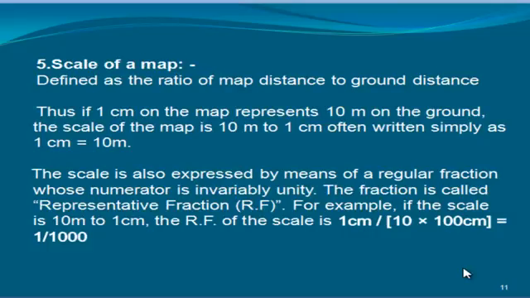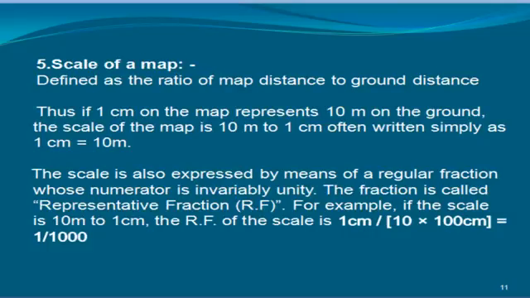Now the fifth topic of this lecture is scale of a map. Let us first define it simply: the scale of a map is the ratio of map distance to ground distance. Remember, the ratio of map distance and ground distance. For example, if a scale is shown like this, 1 centimeter is equal to 10 meter, this implies that 1 centimeter distance on the map is equal to a 10 meter distance on the ground.